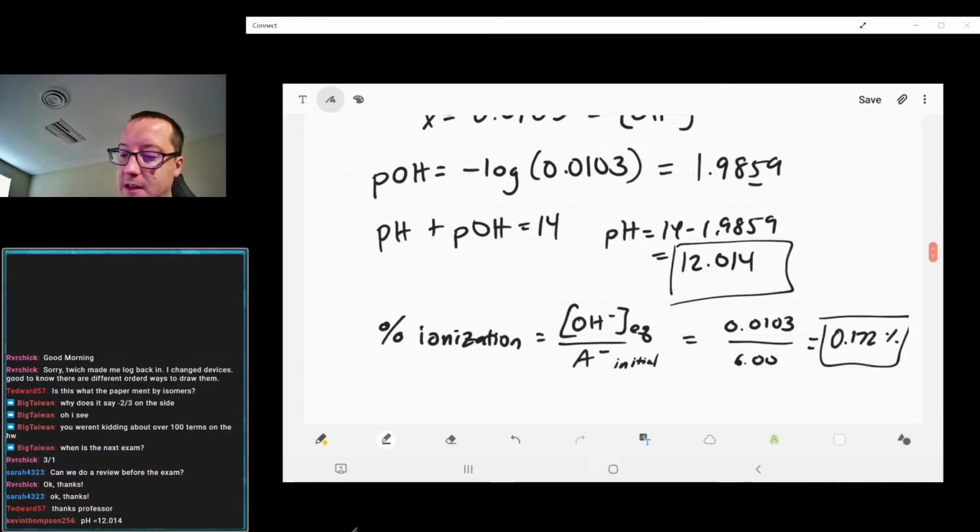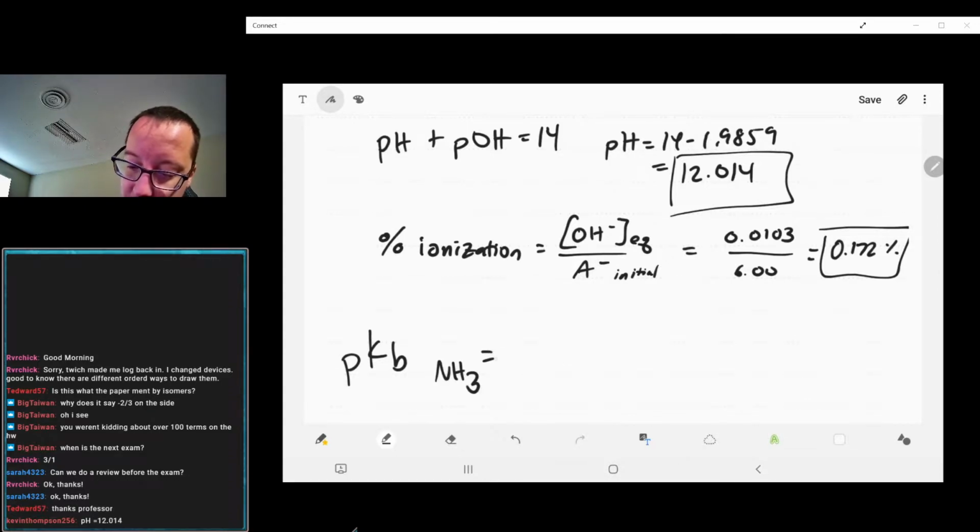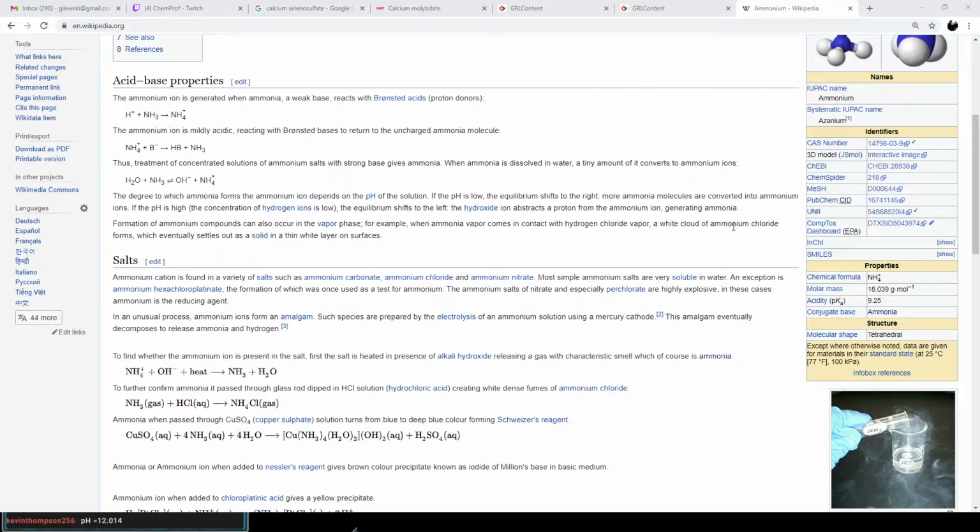Then let's take a look at a few things here. For the ammonia, its pKb was 4.75. If I were to tell you, let's go to Wikipedia again, and let's find ammonium.